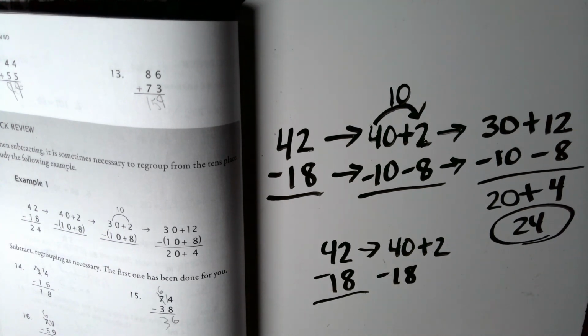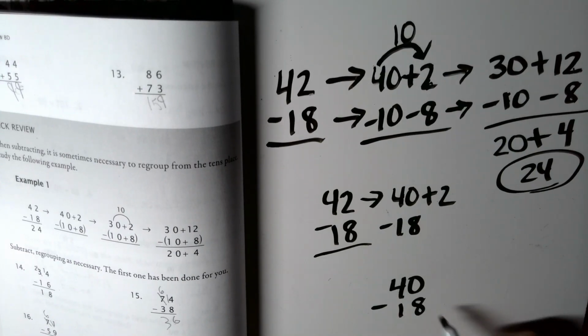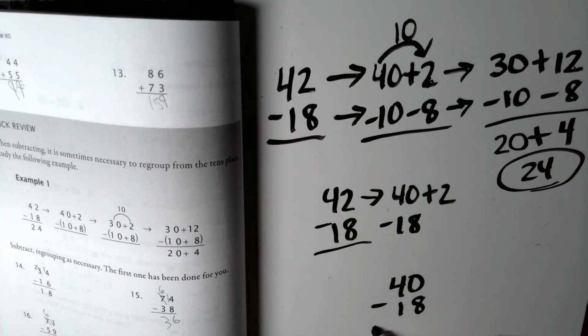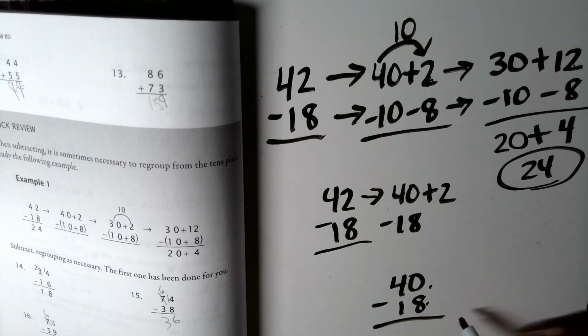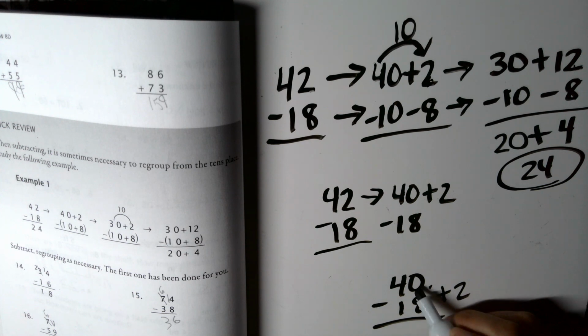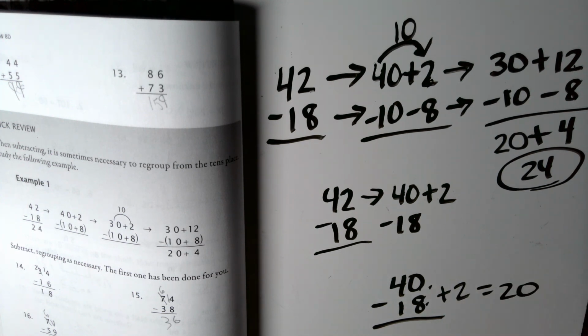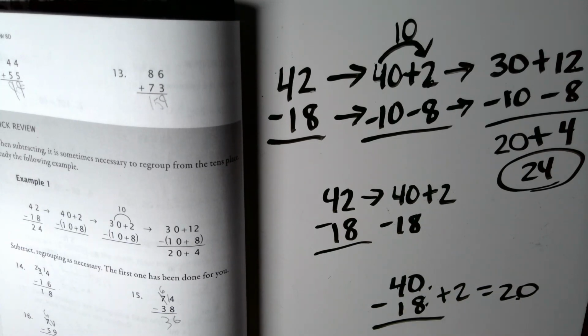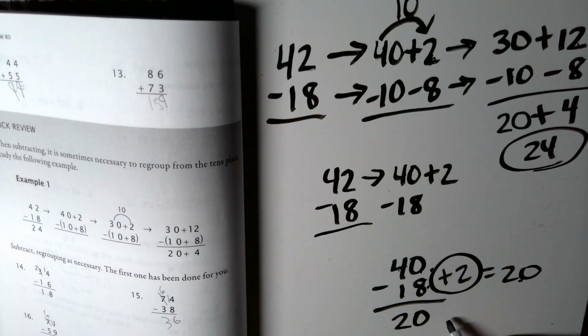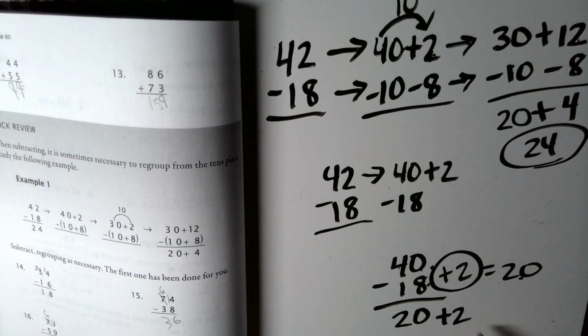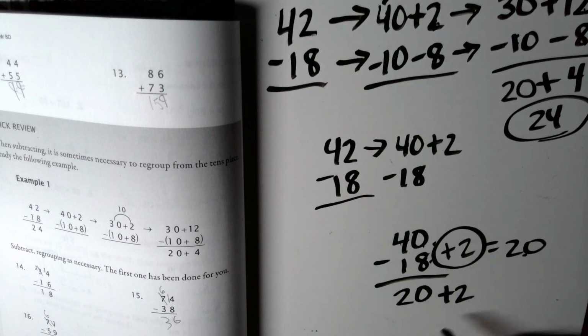If you take 40 minus 18, and you just count up from 18 twice, you go 18, 19, 20. You counted plus 2 to get to the next up, which would be 20. Then you just do 40 minus 20, which is 20, and you add this 2 to the 18, and then you get 24 as well.